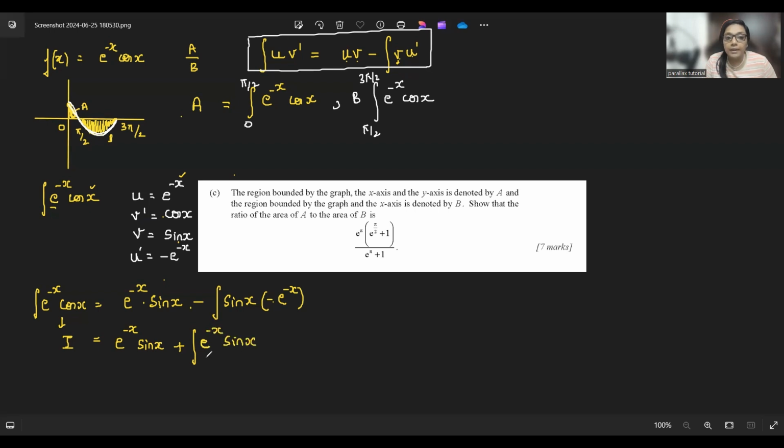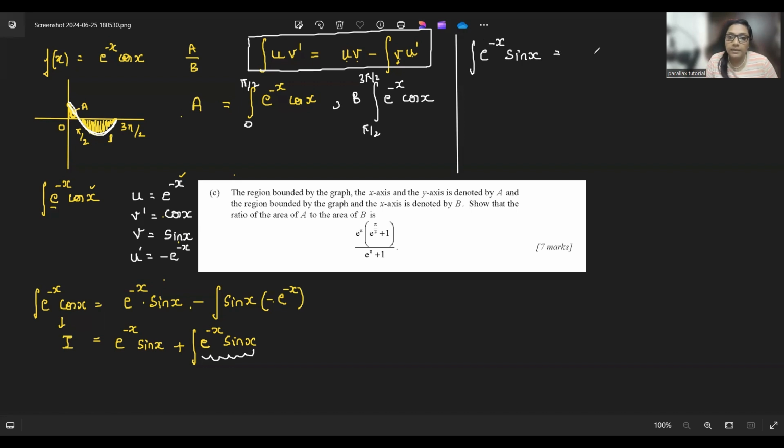Correct? Now again, we have to apply integration by parts in this integral. Okay, let's do that again. So I'm going to write it over here so that we know what we are doing. So basically, e to the power minus x sine x, and we are supposed to integrate it.